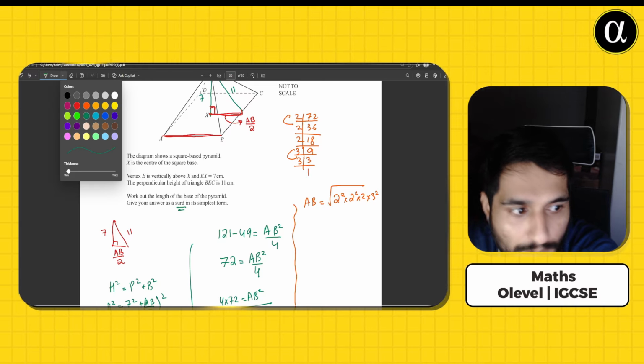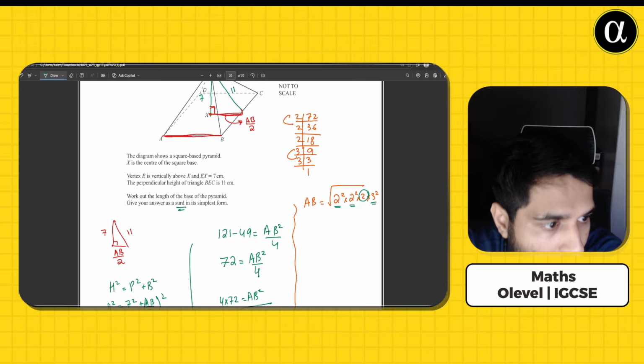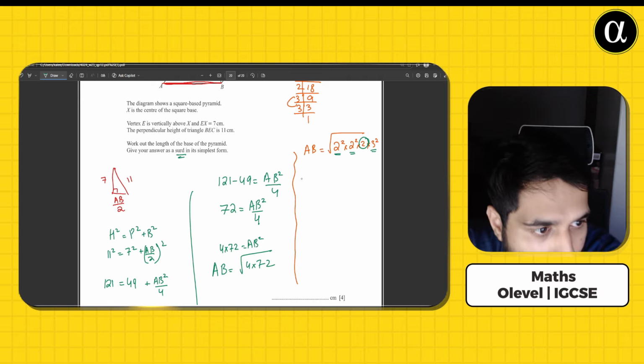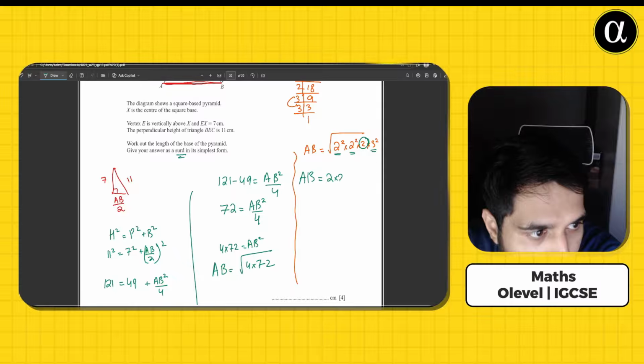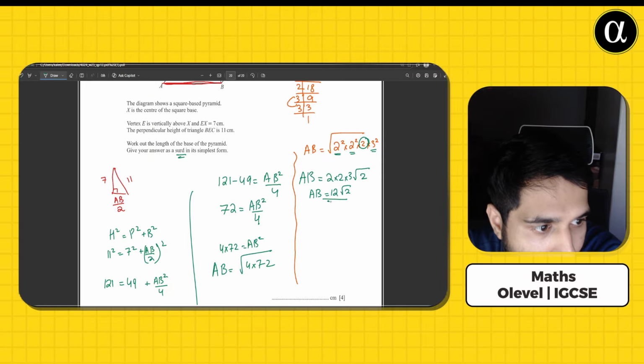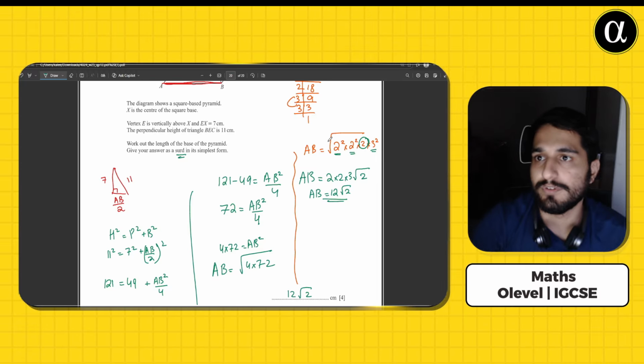When we're talking about square roots, all of the pairs come outside and the lone ones remain inside the root. So AB is equal to 2 into 2 into 3 and root of 2. 2 times 2 is 4, 4 times 3 is 12. So it's going to be 12 root 2. That's going to be your answer for AB in surd format.